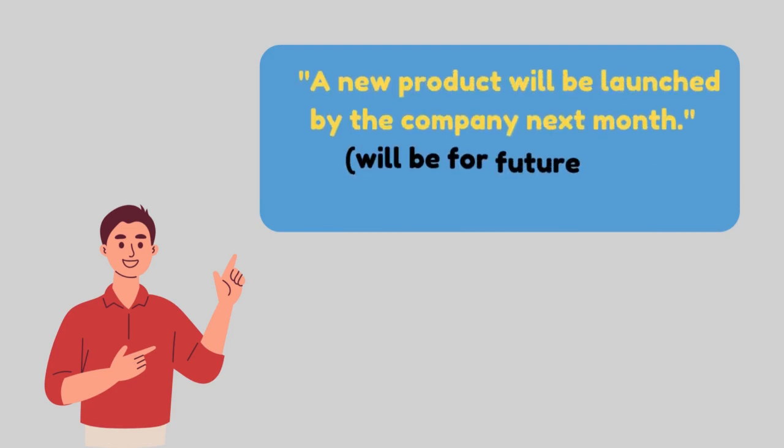The company will launch a new product next month. What is the passive voice of the sentence? Okay, good job. A new product will be launched by the company next month. Is your answer correct? Fantastic work. You're really getting the hang of it.